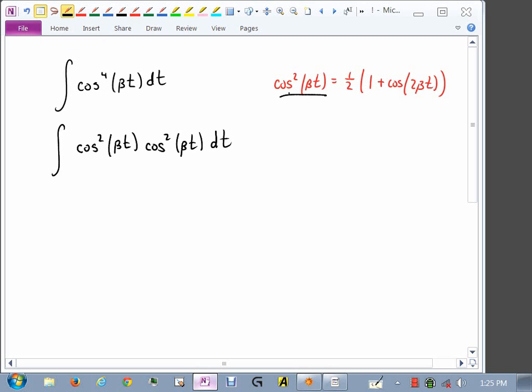Now I use this, and I rewrite each one this way. Since each one of those is going to have a 1/2 on it, I'm going to bring a 1/4 out because you multiply the 1/2 times 1/2. Then you'll have the 1 plus cosine 2 beta t times itself again.